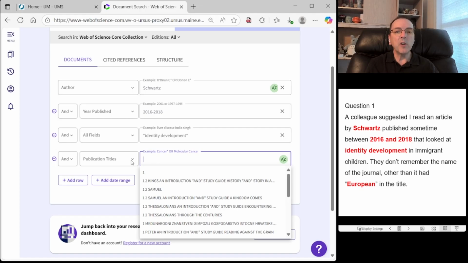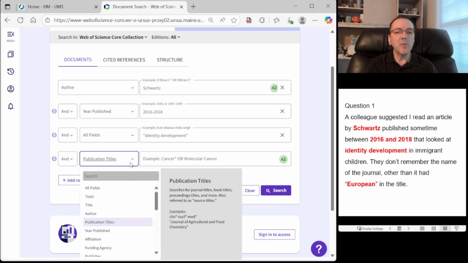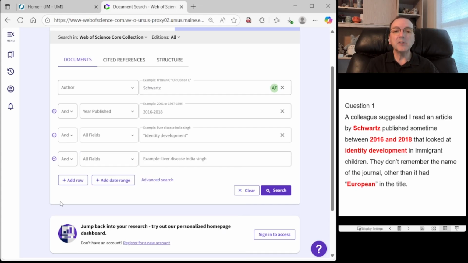So instead, we know that European is in the title somewhere. A way around that is, let's go with all fields and I'll enter the word European, because one of those fields is the title. We will get journals that have European in the title, but we'll get other articles by a Schwartz in this time period about identity development that maybe have European in the title of the article, not the name of the journal.